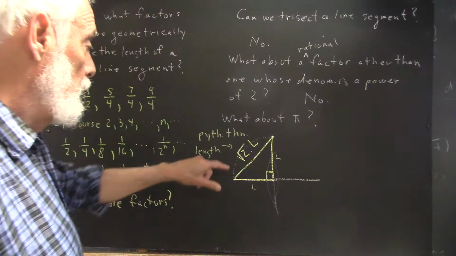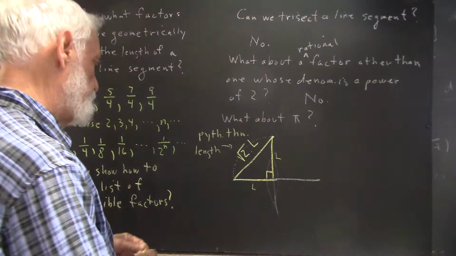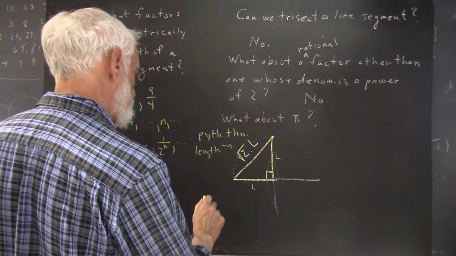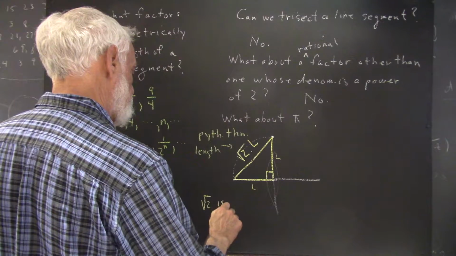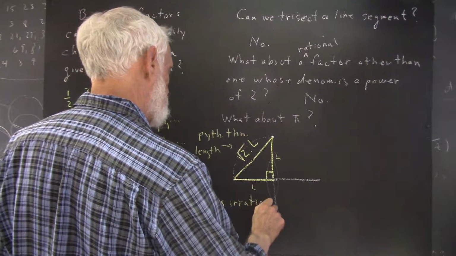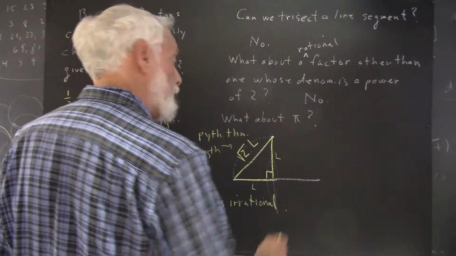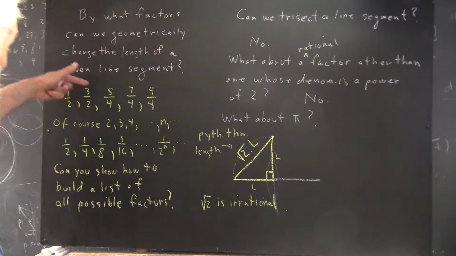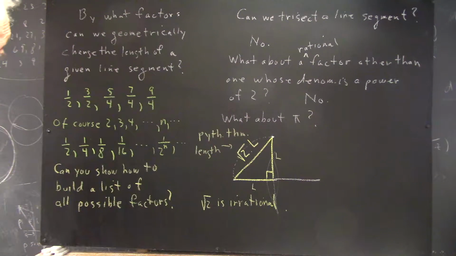Okay? And the square root of 2 is an irrational number. Meaning that it's not one of these. Okay?